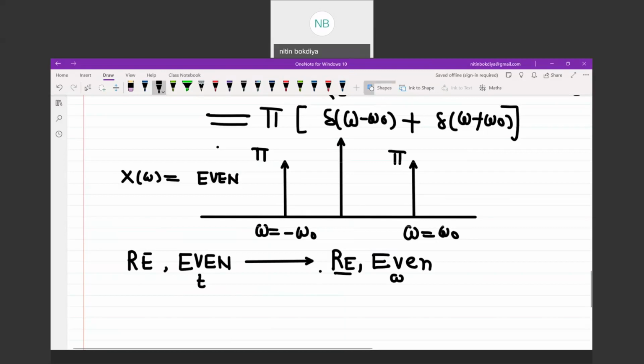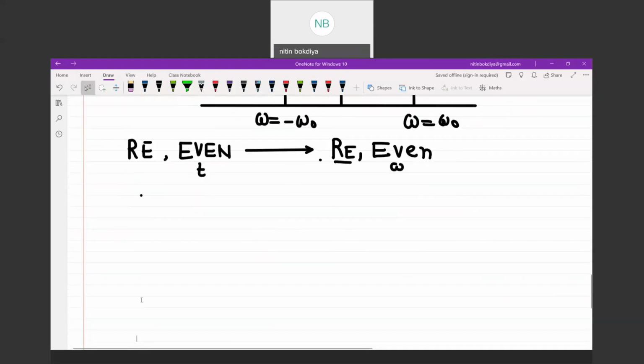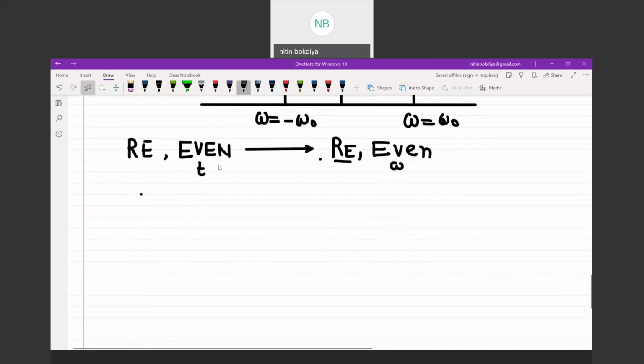So this is the Fourier transform for cosine. And let's now take the Fourier transform for the sine function, sine of omega naught t.